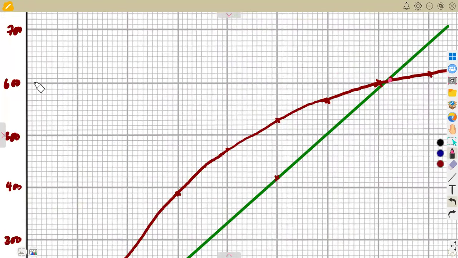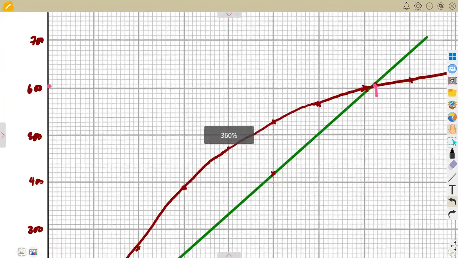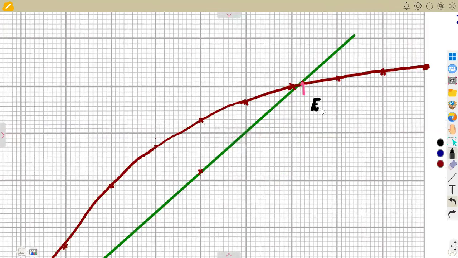So this is 610, a box. This point is not at 610, it's in between. So this is approximately somewhere at 605. So this is where you've got your E naught, which is your no load voltage. In this case, it was approximately 605.